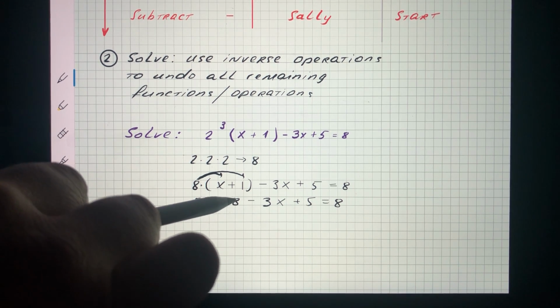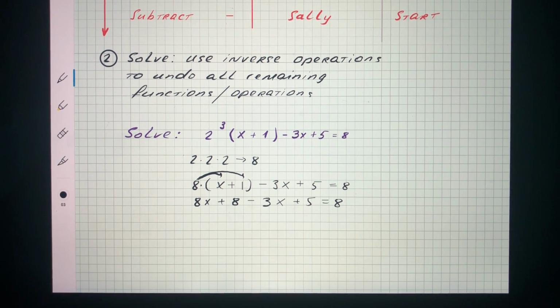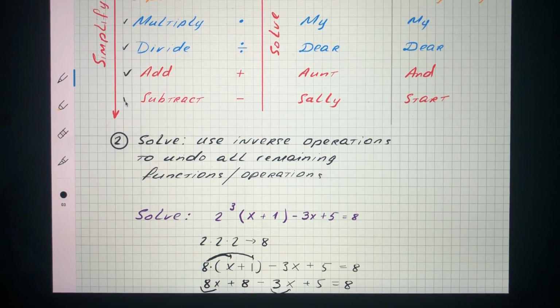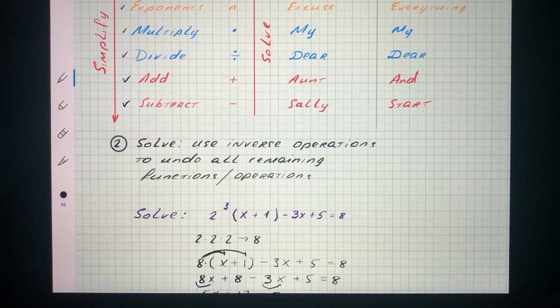If we add 8 and 5, we will get 13 every single time. So we can do this addition. Also, 8x minus 3x will always be 5x, no matter what x is. So here we have our last operation concluded. We have done the addition, we have done subtraction. This is the end of simplification.